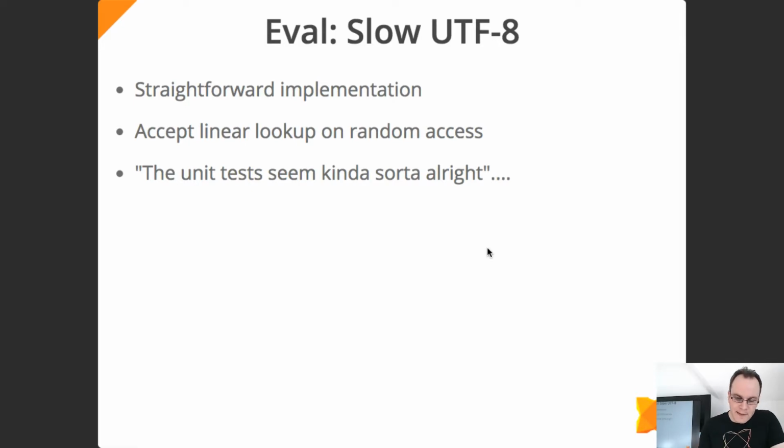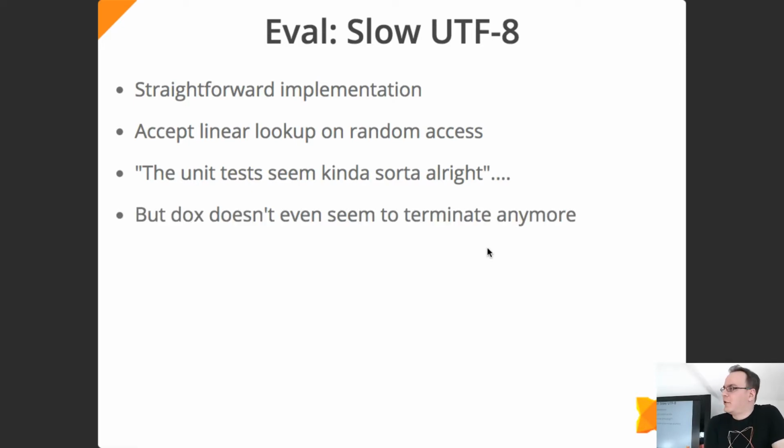And then I tried to run docs, and docs didn't even terminate anymore, I think. I'm not sure if it would have terminated at some point, but I don't think in a human lifespan it would have, so not sure. So to summarize, that was a bit bad, not good. So this isn't going to work.